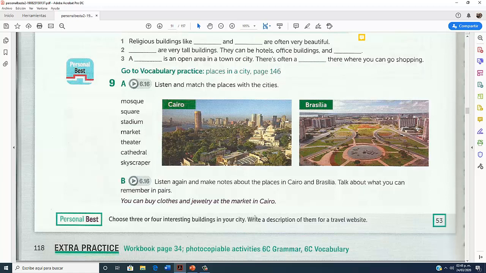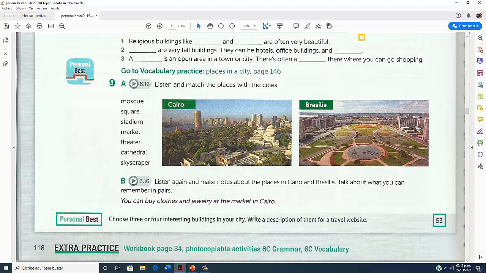For example, in my case, I live in Cercado, and here in Cercado there are some parks. There are a lot of schools, and there's a cathedral in the downtown. There's a very beautiful cathedral in the downtown, and there are some apartment buildings.